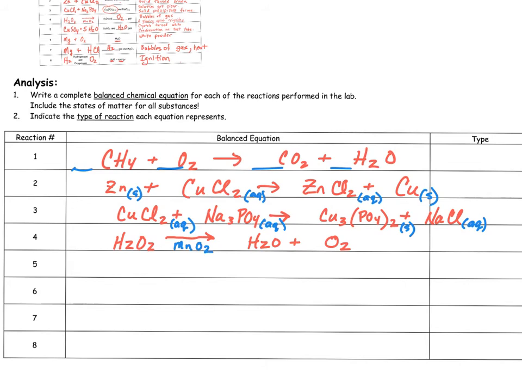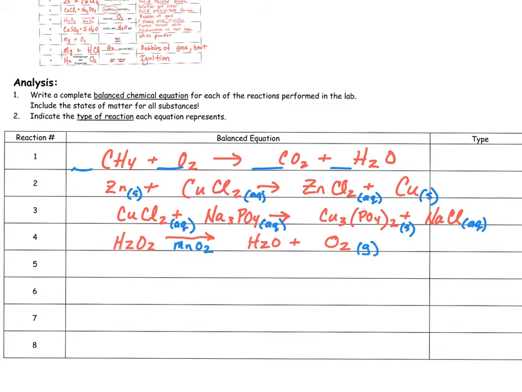That's how we show a catalyst. And then we could also include the fact that the oxygen is a gas. And then we did the test for oxygen, reigniting a splint to prove that that was in fact oxygen. All right, now notice then that leaves us really with just one reactant. That'll give you a clue as to what type of reaction this is.